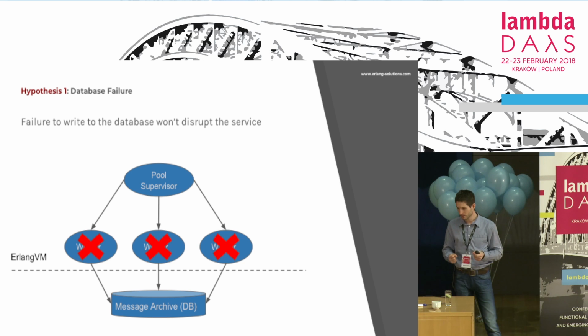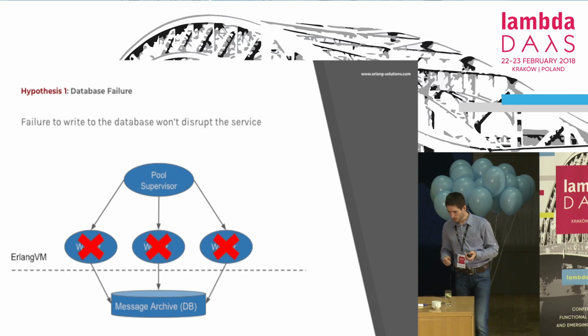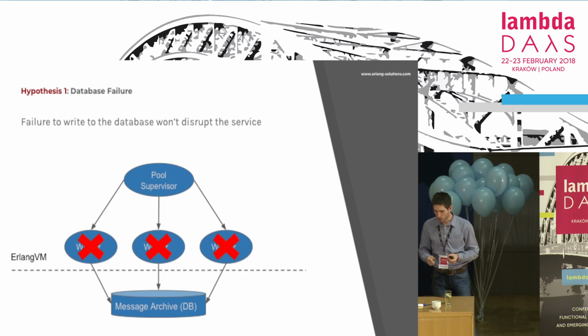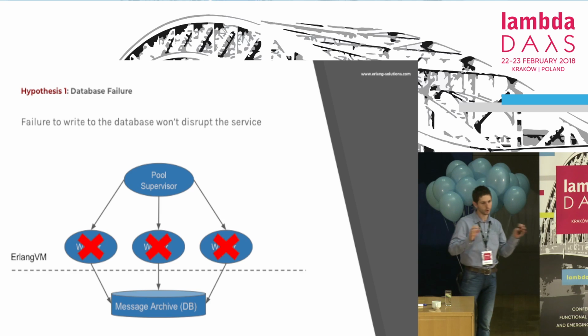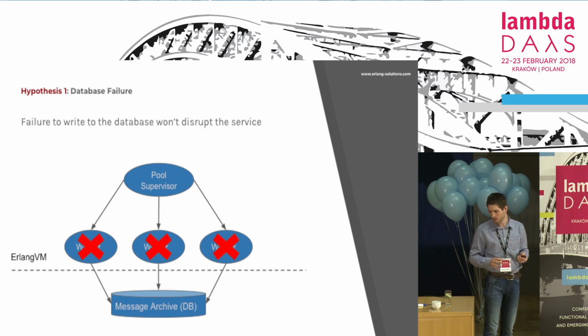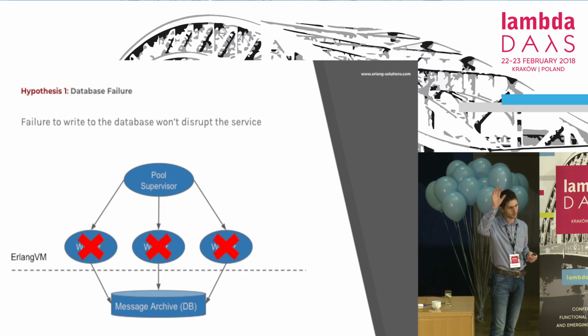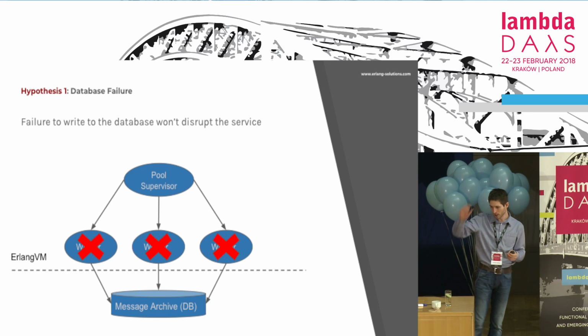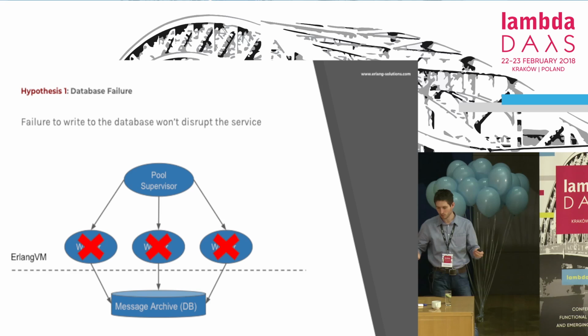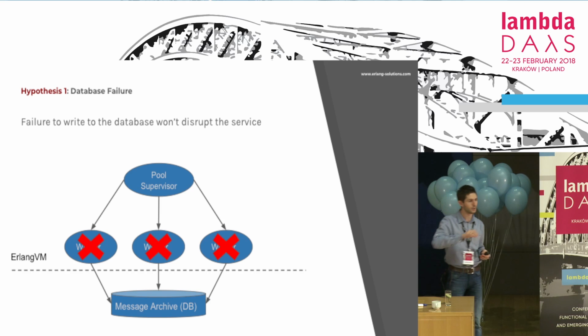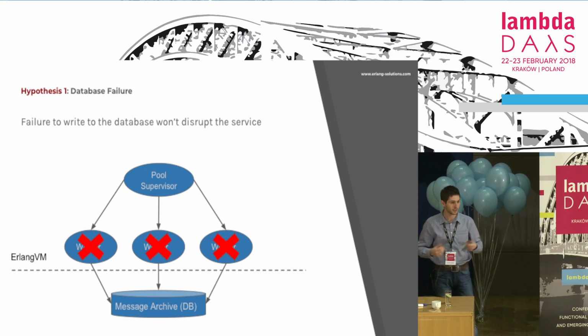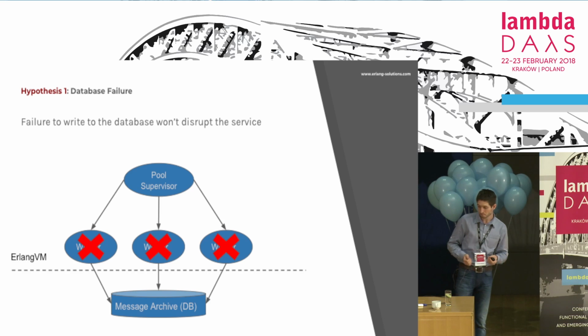And as I said, the database is used to archive messages, and in the system we have worker processes that keep connection to the database and a supervisor process on top of them. And to simulate that failure, we would kill the entire pool of these processes at interval and see what happens.